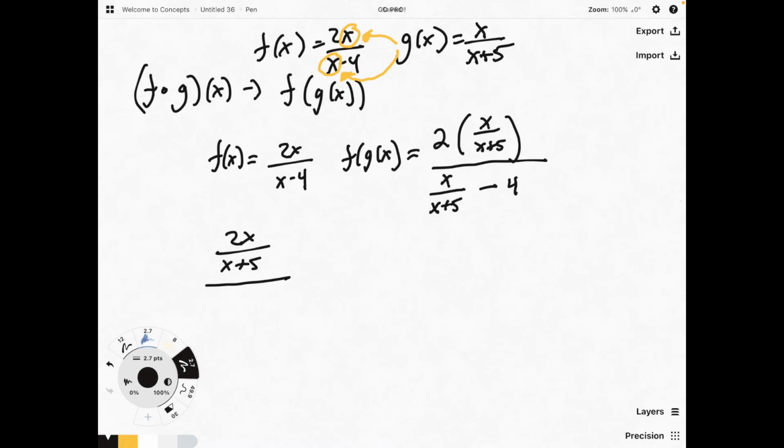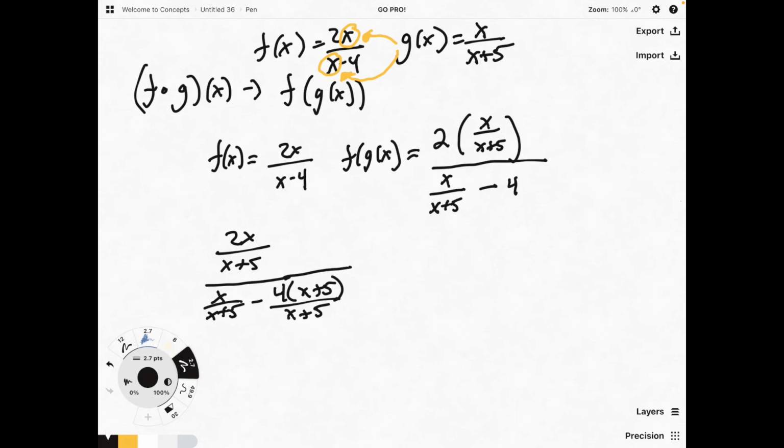And so if we multiply by 1, or in this case, x plus 5 divided by x plus 5 to 4, that's going to give us the same common denominator. When we do that, we're going to get x plus 5, because this doesn't change, and then we have minus 4 times x plus 5, and then divided by x plus 5.